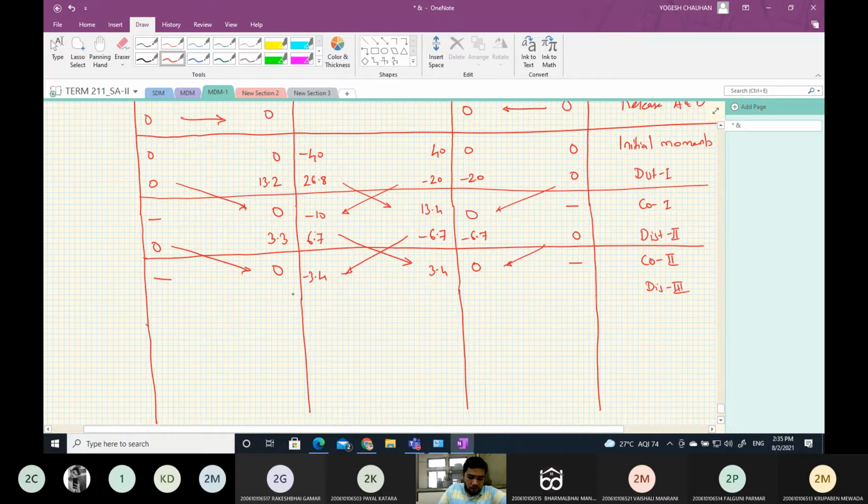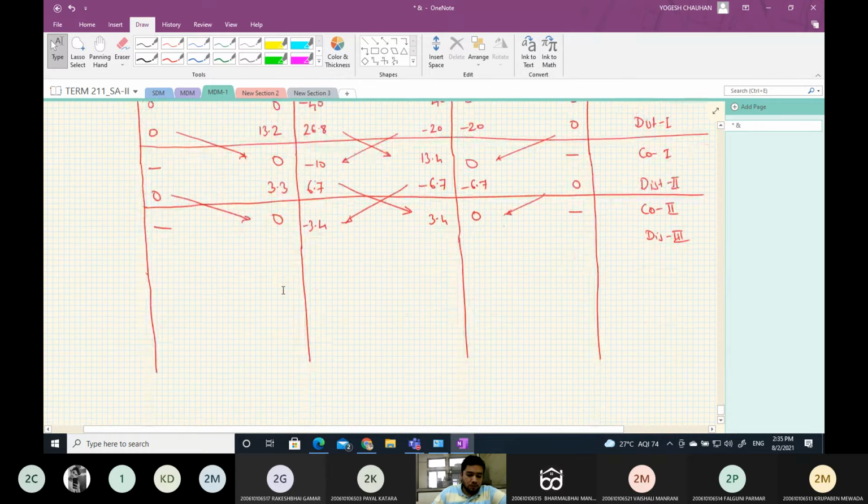So 3.4 into 0.333, it will be 1.1, okay, and this will be 2.3. This will be minus 1.7, minus 1.7, 0, 0.